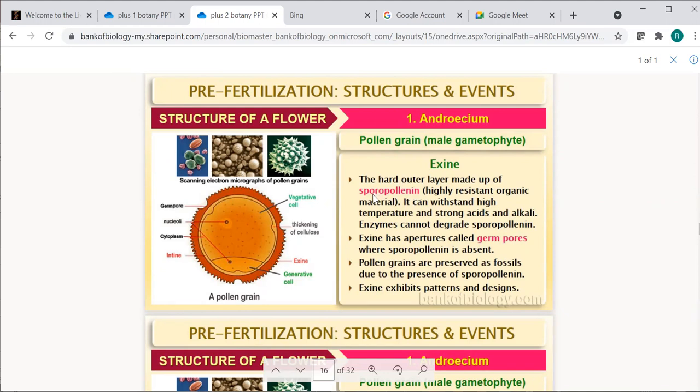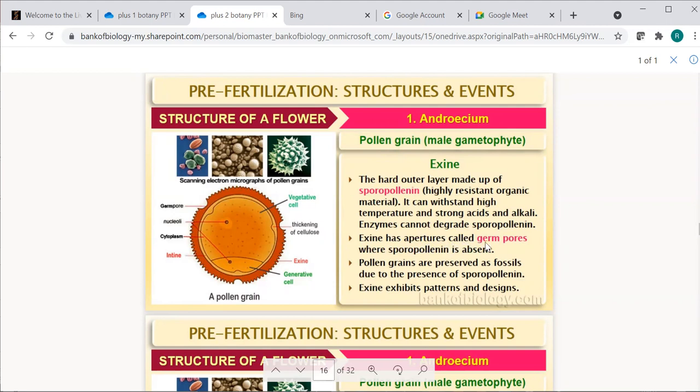Tapetum releases sporopollenin, and the hard outer layer of the pollen grain is made up of sporopollenin, which is a highly resistant organic material. It can withstand high temperature and strong acids and alkali. Enzymes cannot degrade sporopollenin.